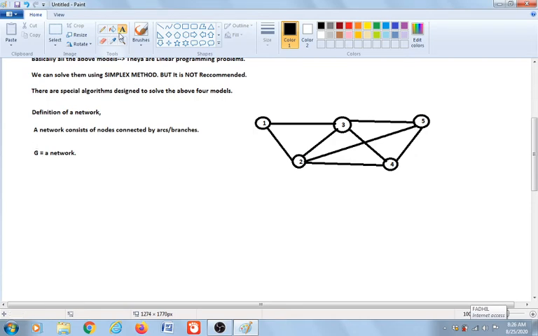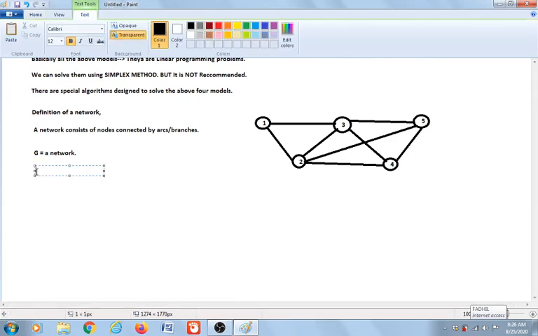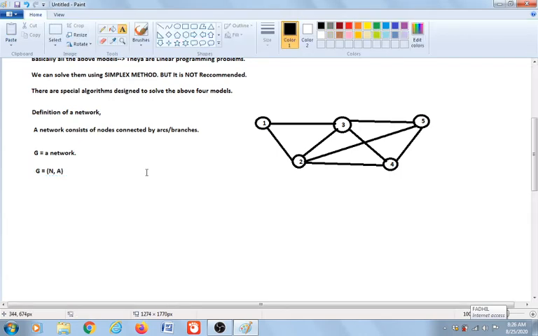Okay, since a network consists of nodes and arcs, capital G consists of N, which is nodes, and A, arcs.